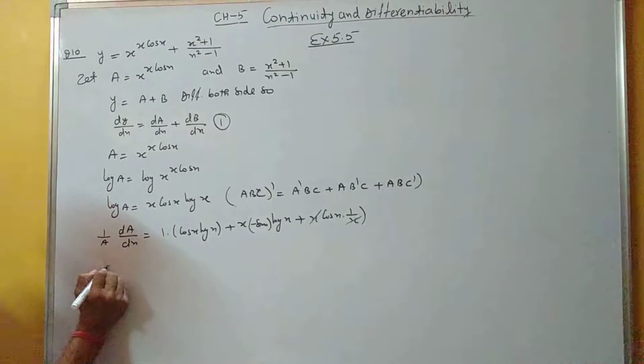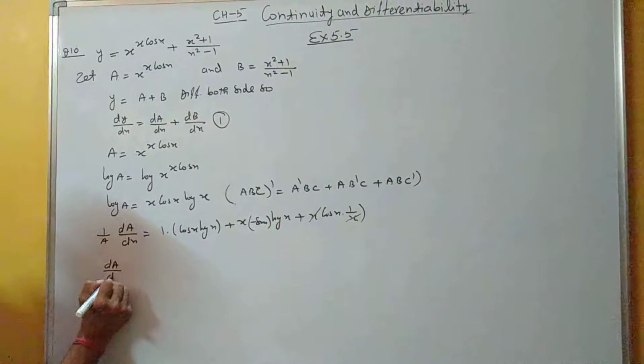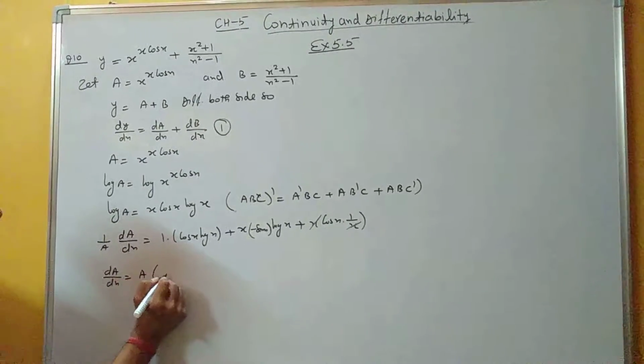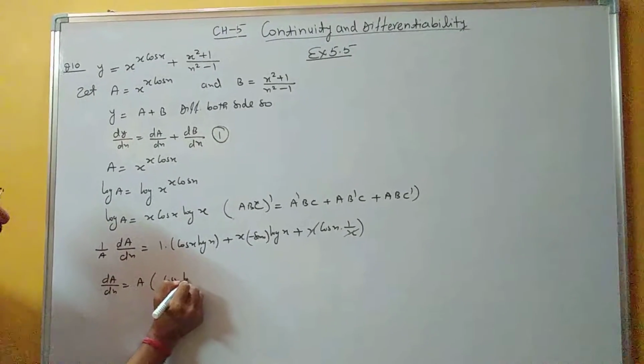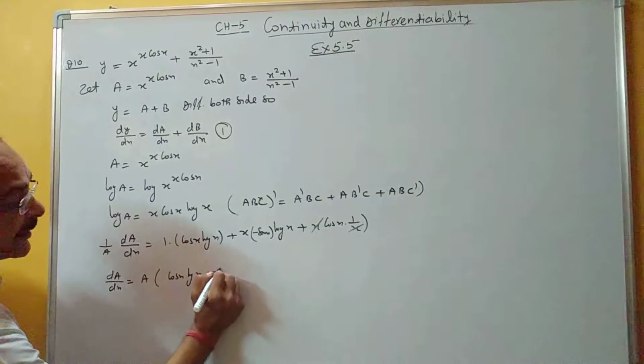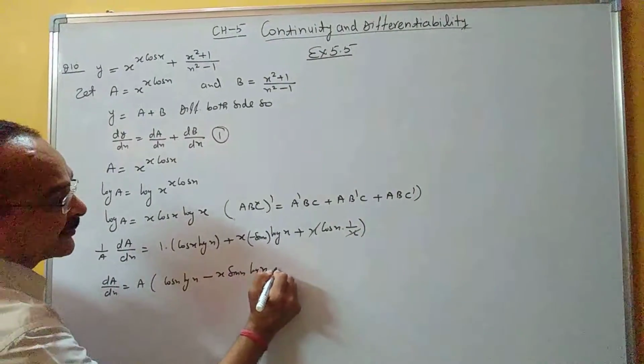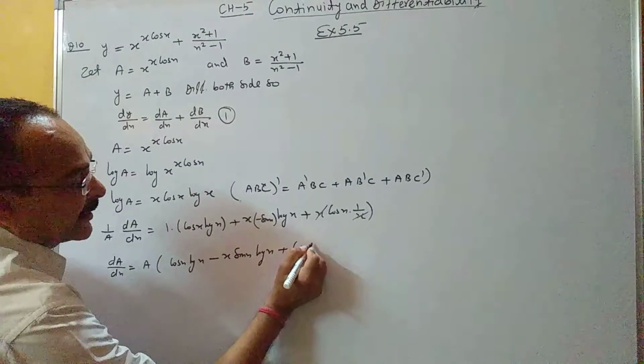Multiply a in this side, then dA by dx is equal to a times cos x log x minus x sin x log x plus cos x.